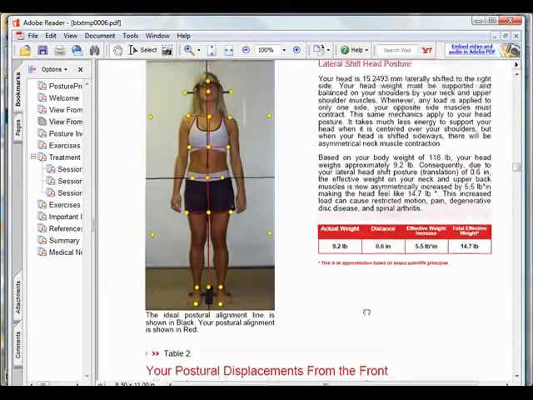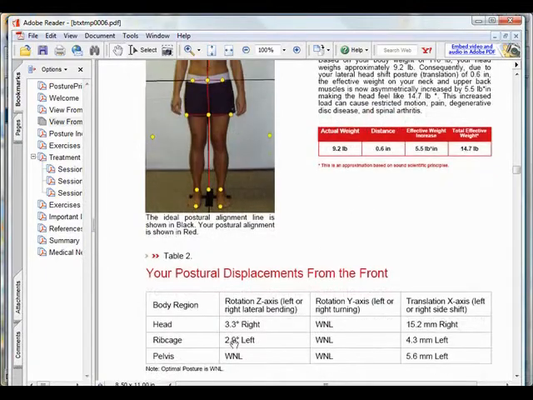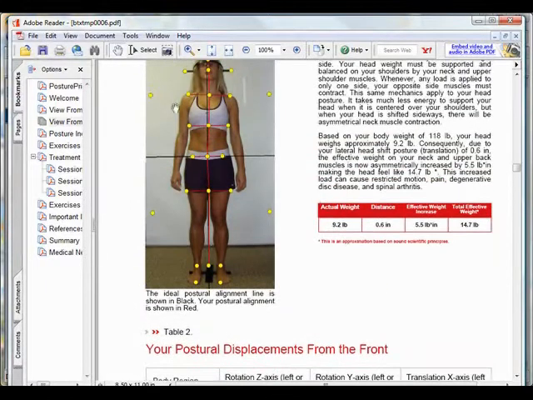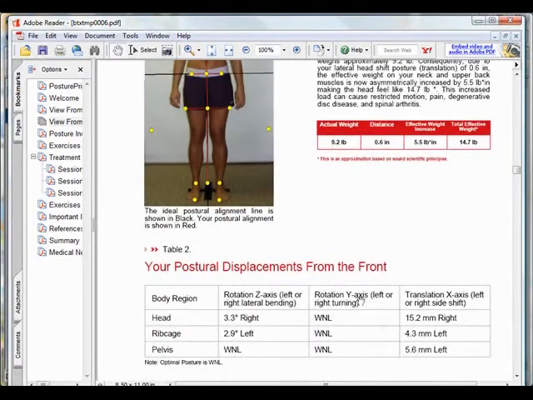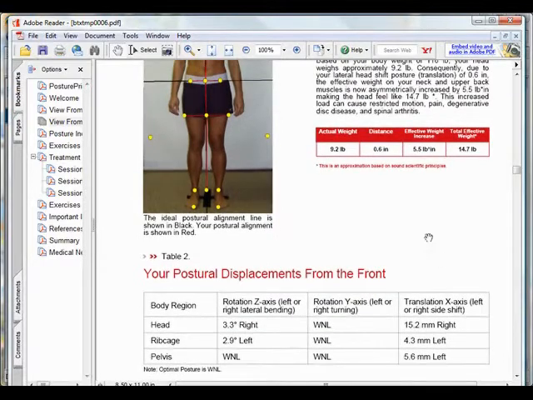So what you can see here is that her head is laterally flexed to the right by 3.3 degrees. Rib cage is laterally flexed to the left by 2.9 degrees, and you can actually see that. See how her rib cage is laterally flexed. And anything less than 2.5 degrees or 2.5 millimeters is going to be classified as within normal limits. Now the translation on the x-axis, this is unique to PosturePrint.